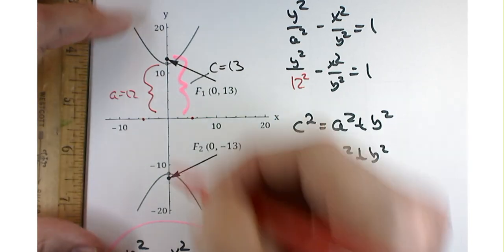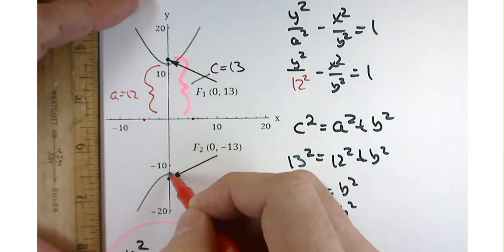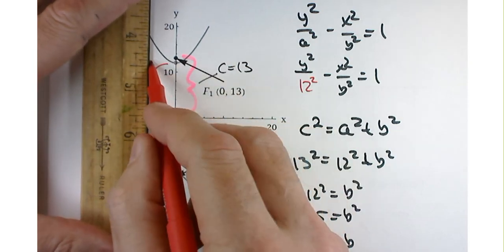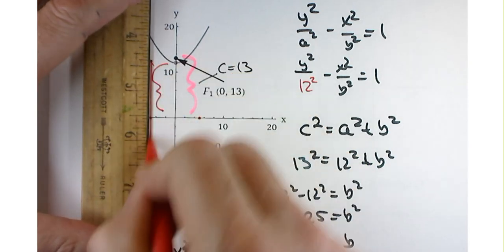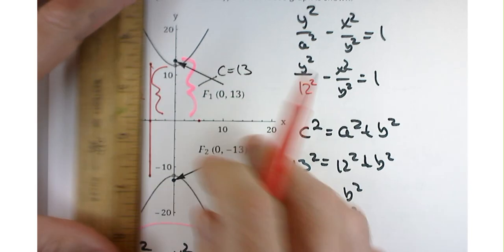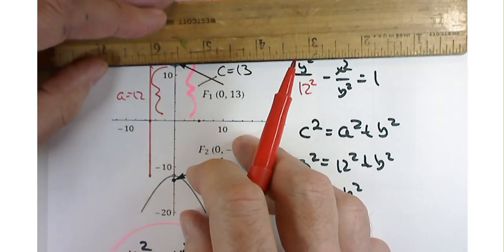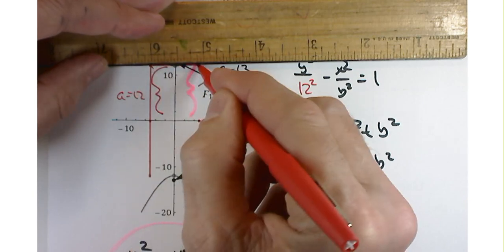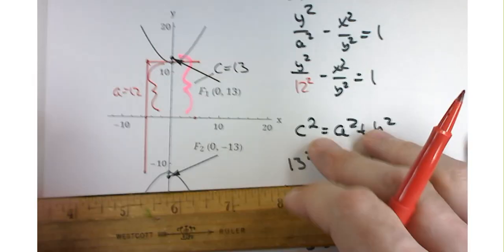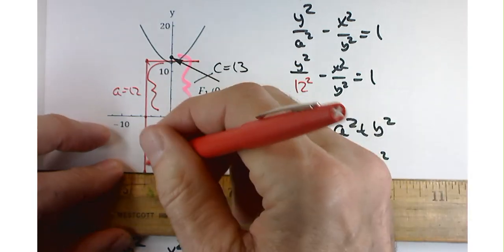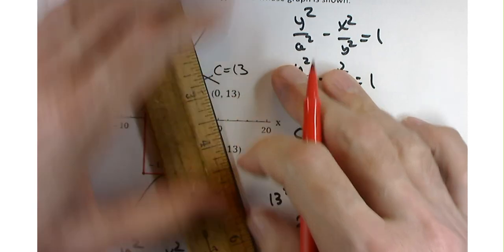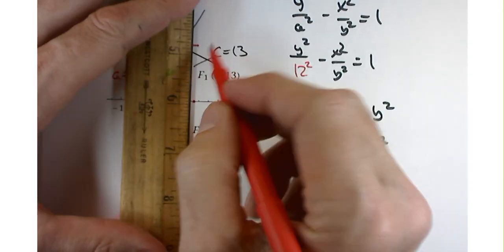In the x direction, I'm going to go a distance of 12. So let's put those in together. There. And then here. And finally here.